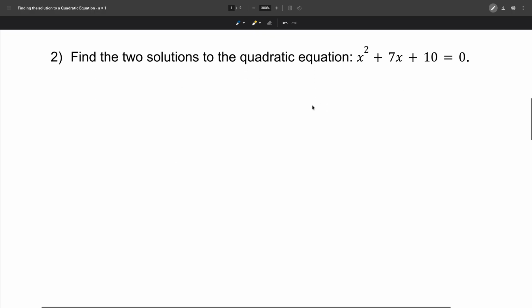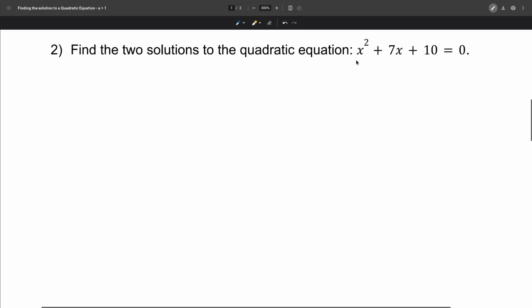So find the two solutions to the quadratic equation x squared plus 7x plus 10 equals 0. We've got one side equal to 0, which is what we need, so we're good to go to just start and factor this. Now we've got a plus here and a plus here, meaning we're only going to list out positive factors of 10.